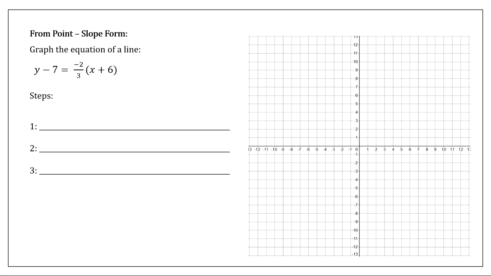It's going to be 7. The 6, though, for our x value, that's plus 6 in our equation, so that means we're actually looking at negative 6. So again, our first step is to plot the point at our ordered pair. So we've already decided our point is negative 6, 7. So we put our point at that point.